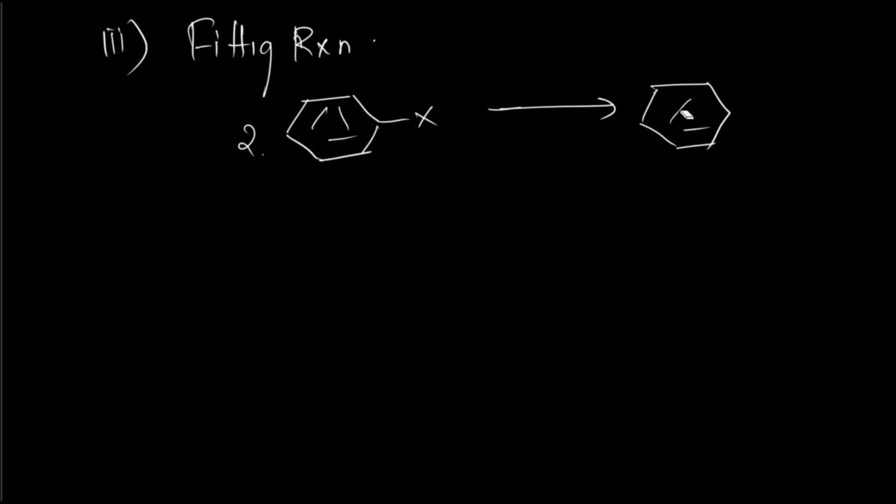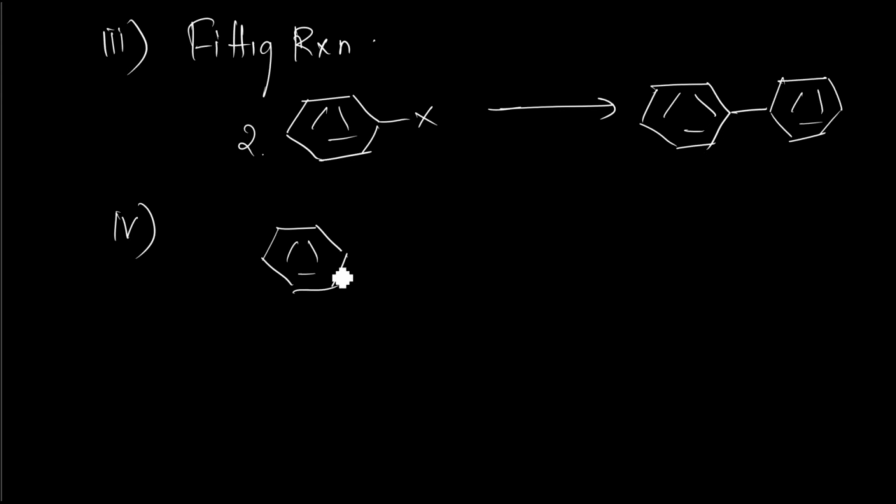Sorry. So this will give you the phenyl ring attached with another benzene ring. Combining these two reactions, Wurtz and Fittig, you can prepare the Wurtz-Fittig reaction plus RX. That will give you the alkyl group attached with the aryl ring.